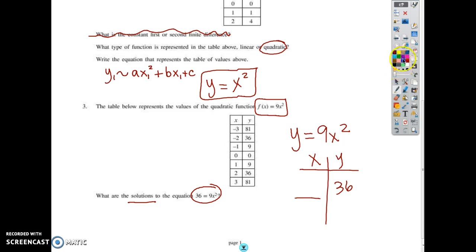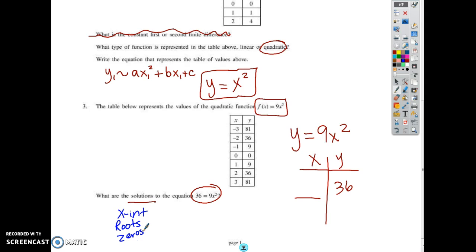What are other words for solutions? Do you guys remember? Another word for solution? X-intercepts. Okay? Roots. Zeros.